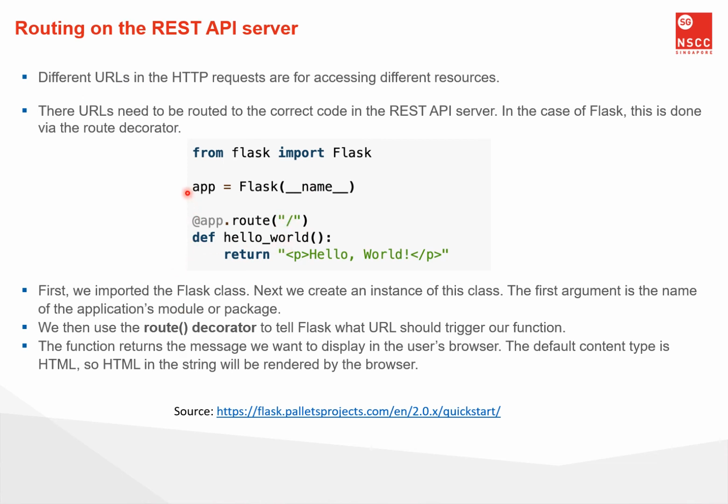When I do a GET with slash, it will call the hello world function. If I do a GET on some other resource where there's no route, it will say not found, an error. But if I do a GET with a slash, it will call this function and return the simple text hello world to the application.